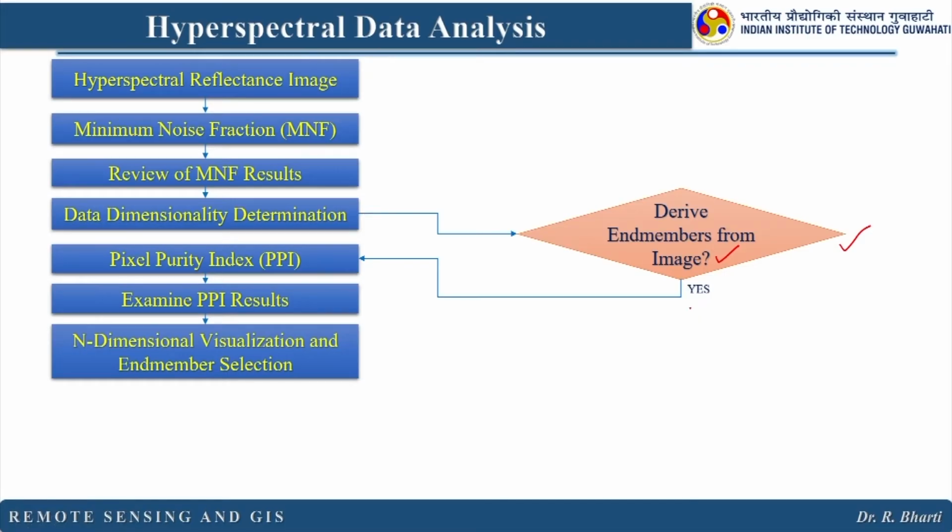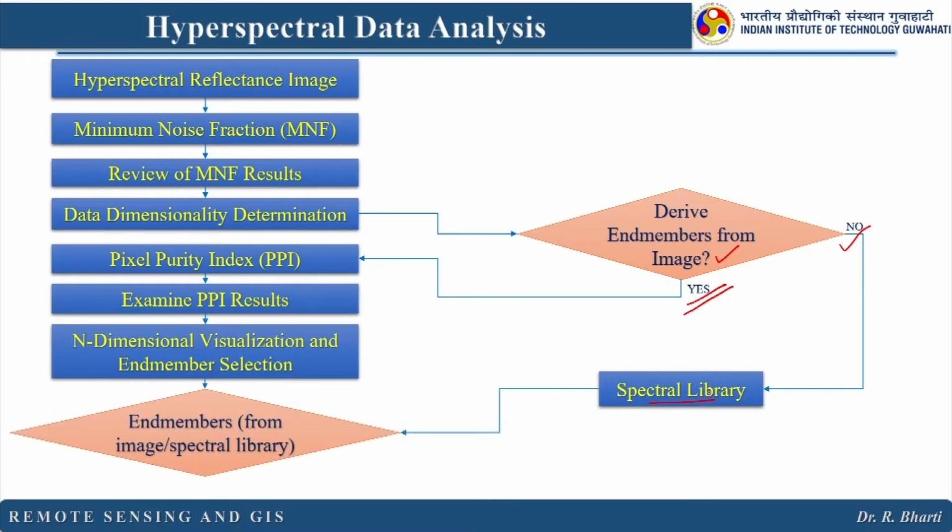In case you don't want to go for the image end members, what can we do? We have already generated a spectral library from the spectroradiometer. Once we have that, we can use this spectral library to match with our image spectra, right? So here we have a known spectral library where we know the object or material and its chemical composition, and for them we have generated the spectral library.